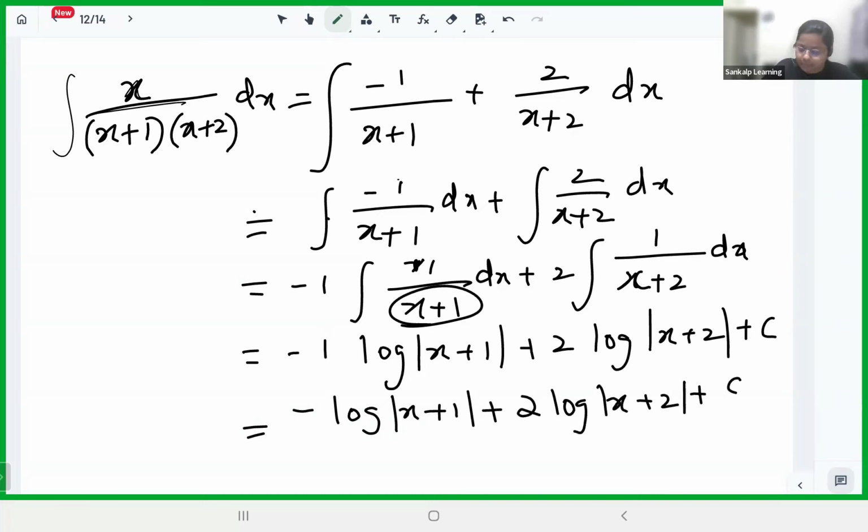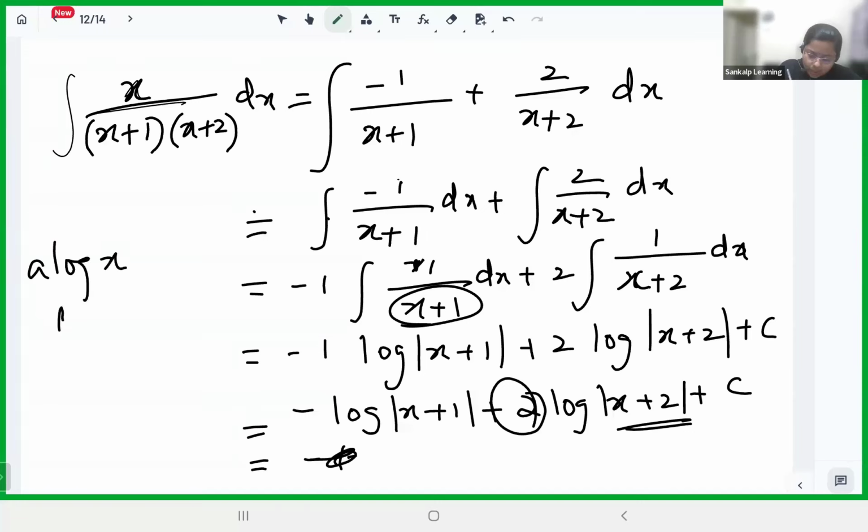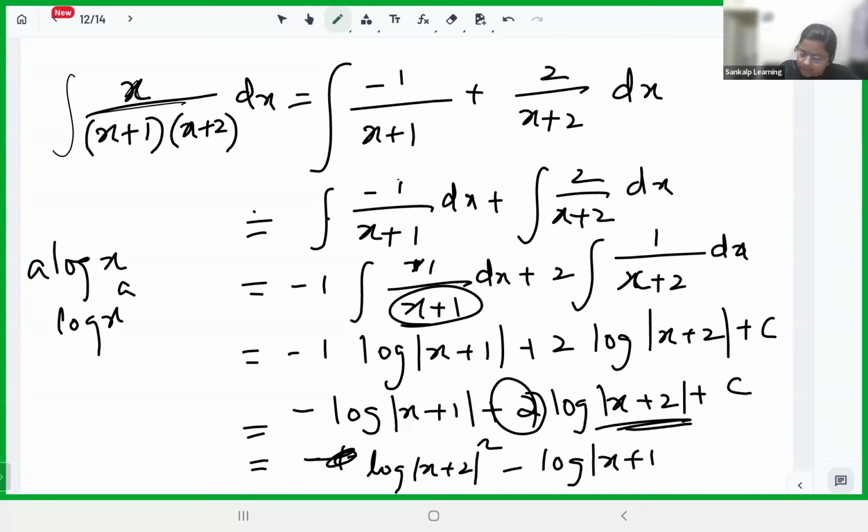So this can be written as minus log, this 2 can be taken to the other side. That is, a log x can be written as log x to the power a. So 2 log modulus of x plus 2 can be written as log mod x plus 2 square minus log mod x plus 1 plus c.